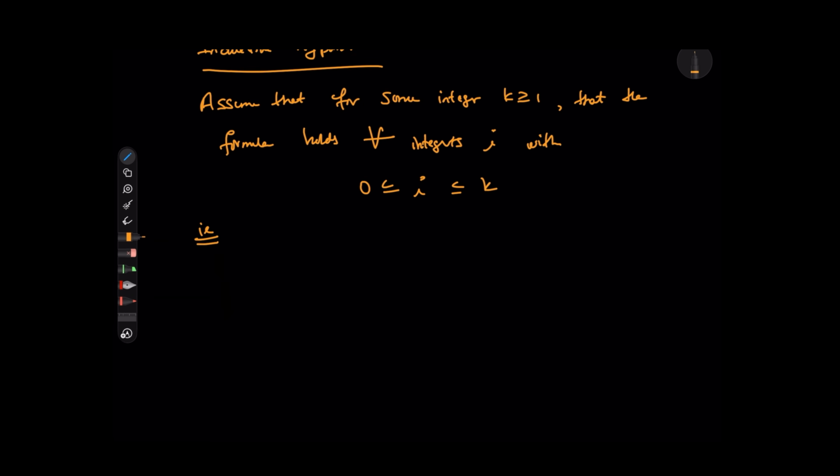So that is, we assume that Ai is equal to, we have to create a bound for us first, because this is a sequence, right? 7 by 4 to the power of i minus 3 by 2 to the power of i.